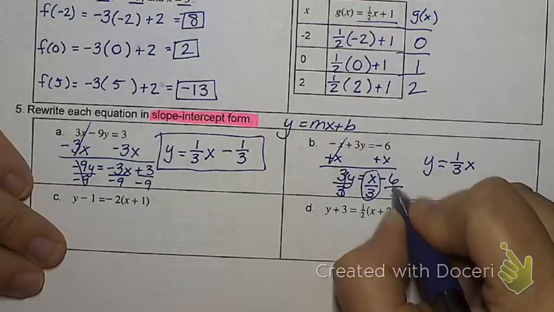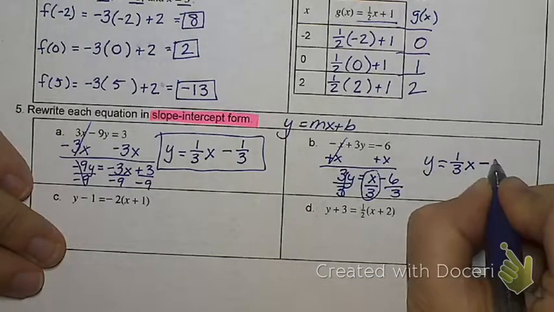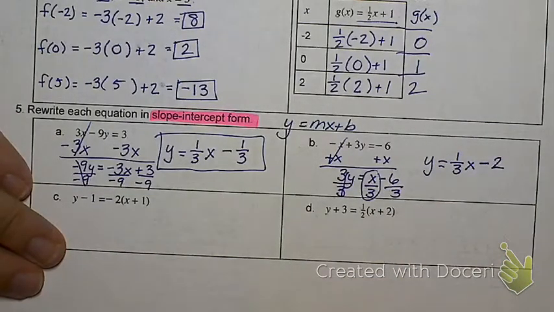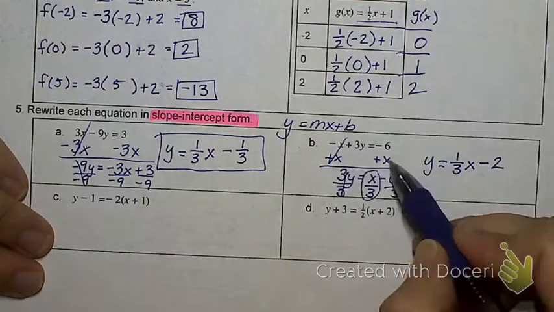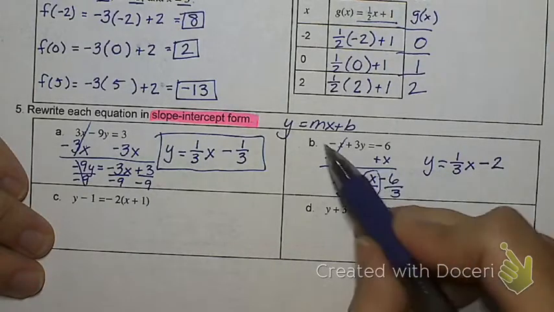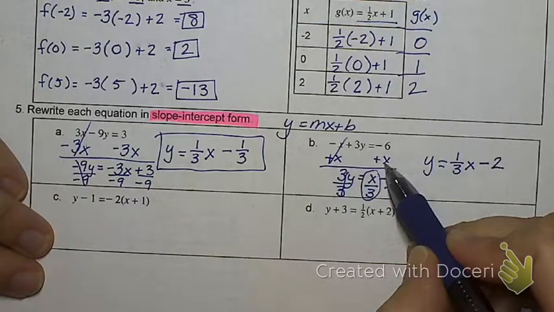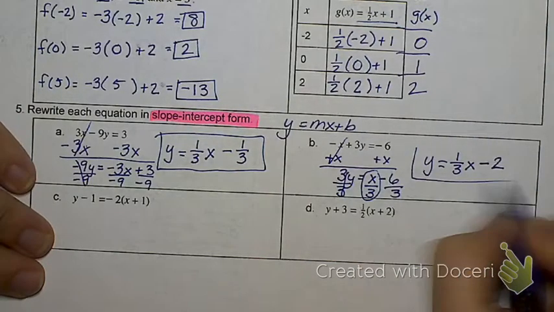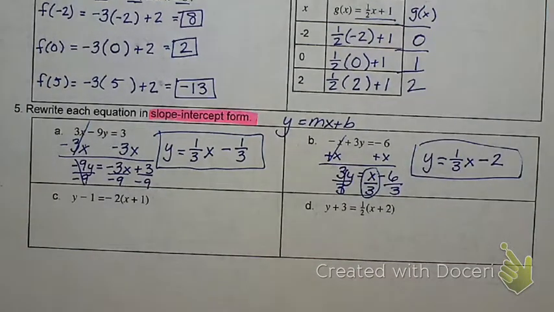And then negative 6 over 3 would be minus 2. Yes. No, because I added it. It was negative x over here, so I had to plus x to go over here. Okay.